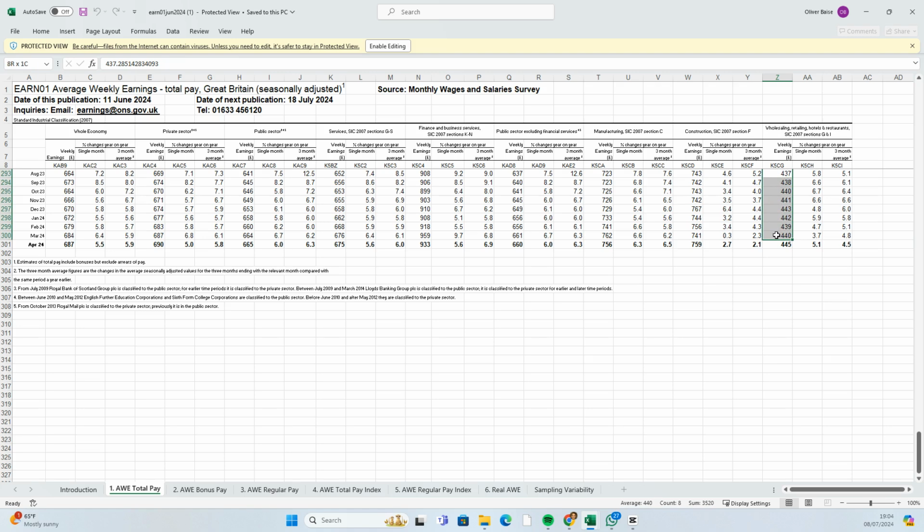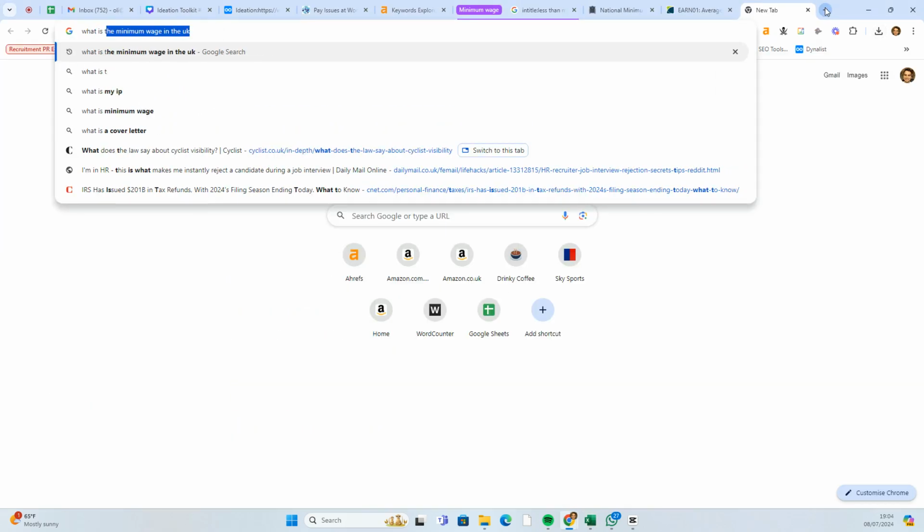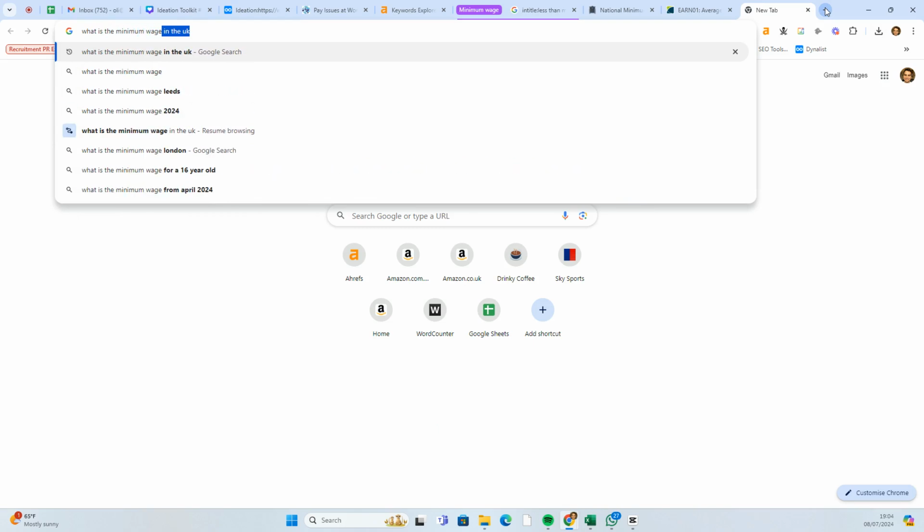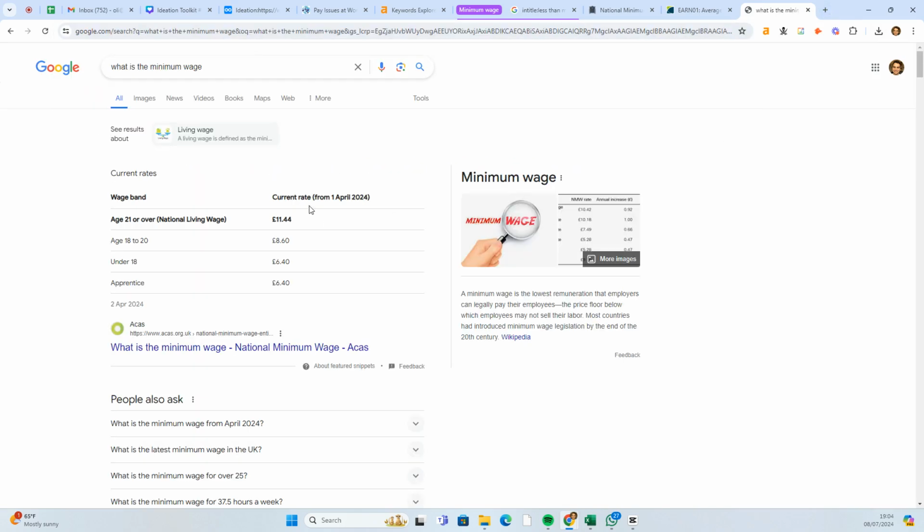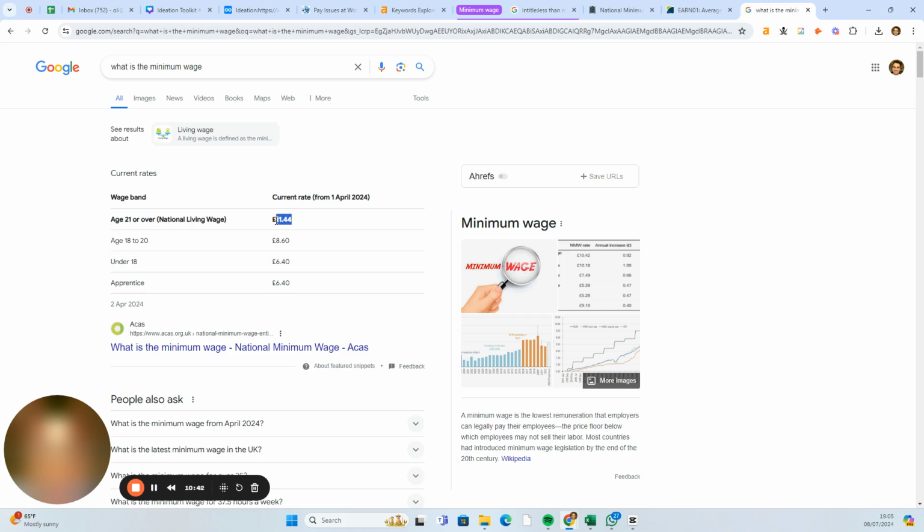These are the weekly earnings by sector, by industry that you work in. So let's say March 2024, weekly earnings in wholesaling, retailing, and hotels is £440 per week. Is the minimum wage 11.44?